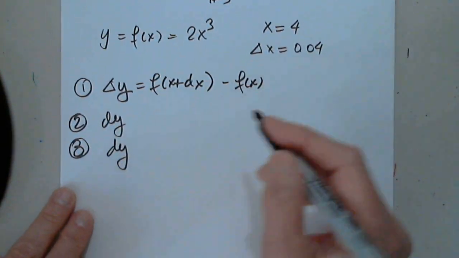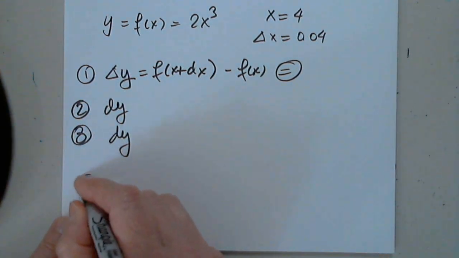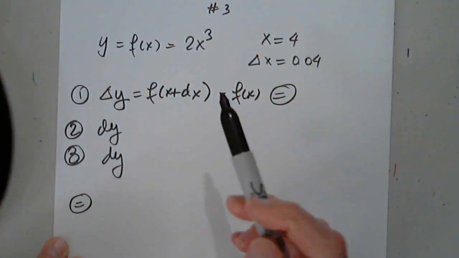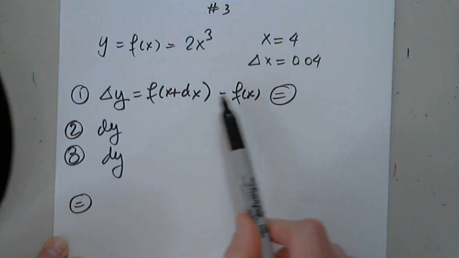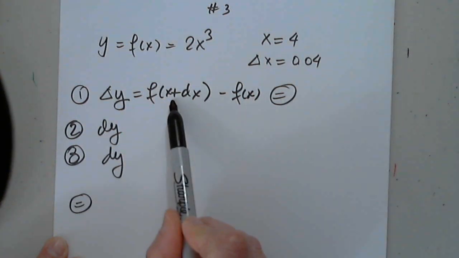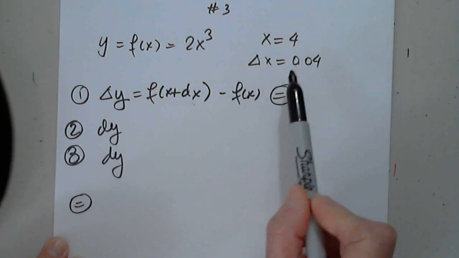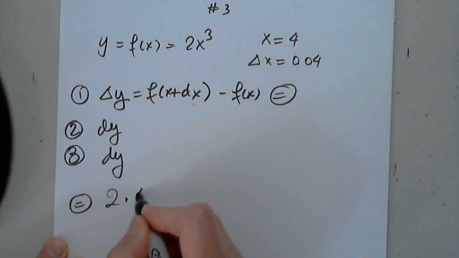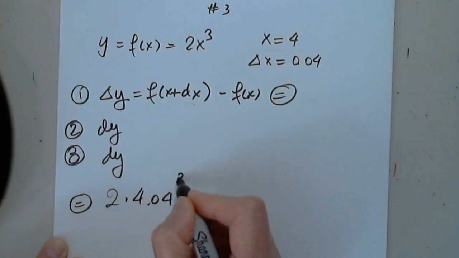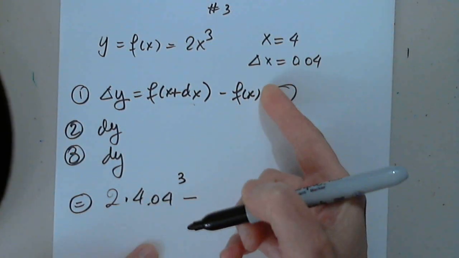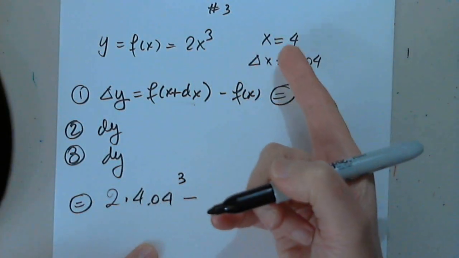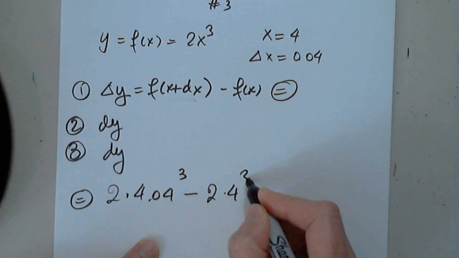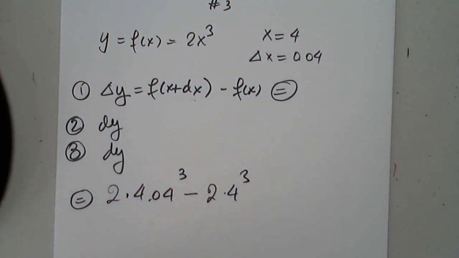So for part 1, I will continue here. 4 plus 0.04 is 4.04, and I have 2 multiplied by 4.04 cubed minus 2 times 4 to the third. That's all I need to do.